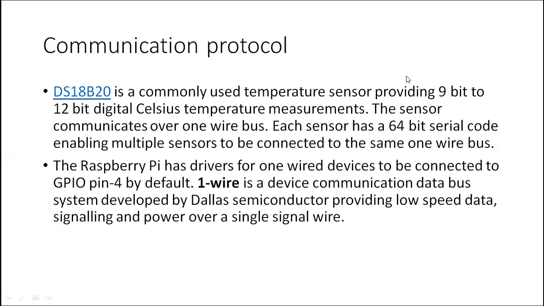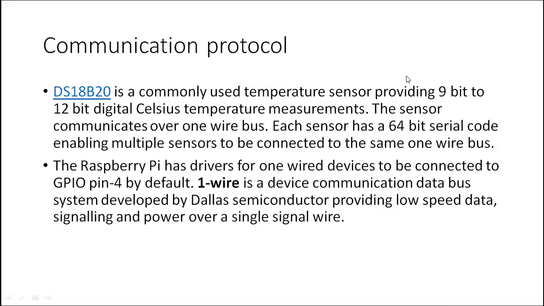There are multiple temperature sensors monitored by a single Raspberry Pi. For each temperature sensor, one 64-bit serial code is there. By using that 64-bit serial code, we can identify each individual sensor. So we can connect multiple sensors to the same one wire bus.